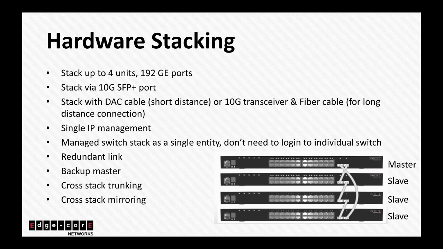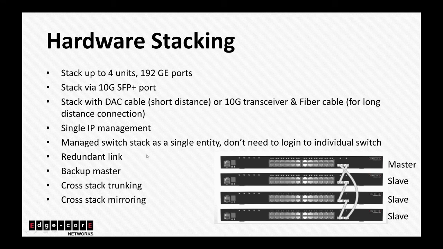And our stacking function is very simple. You can stack via the 10 gig SFP plus port. So you can use a very cost-effective DAC cable or AOC cable for a short distance. But for long distance, you can choose to use the 10 gig transceiver with fiber cable.